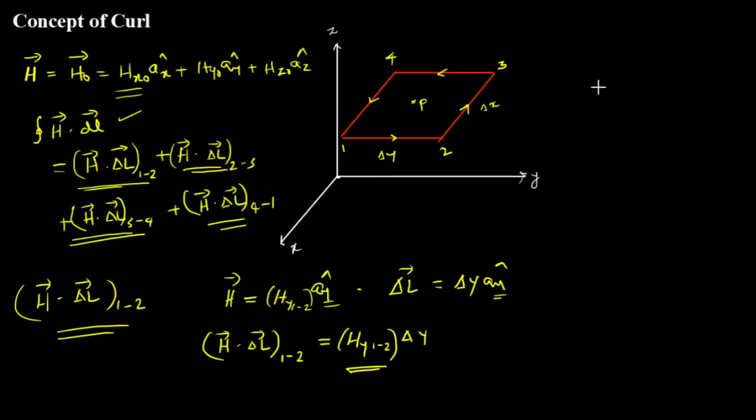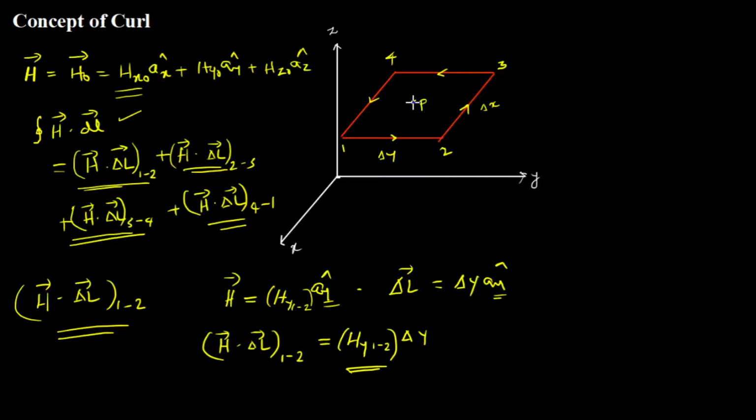What I can do is, if at point P Hy0 is the value, then on this path 1 to 2, what would be Hy? I can write a comparative expression. So at point P I know what Hy is. Hy is Hy0, some initial value.